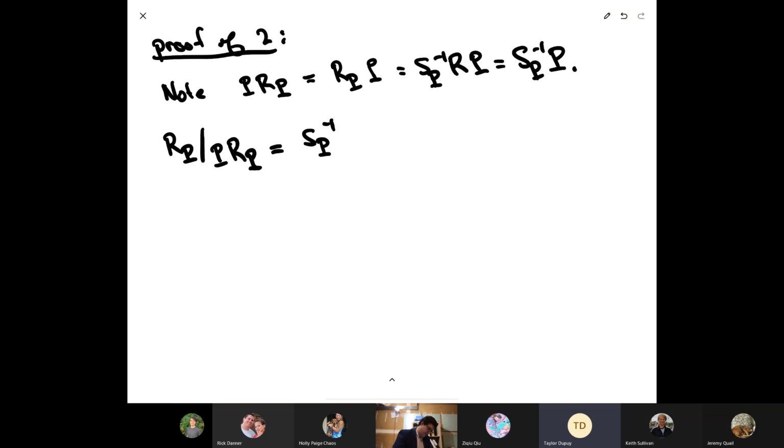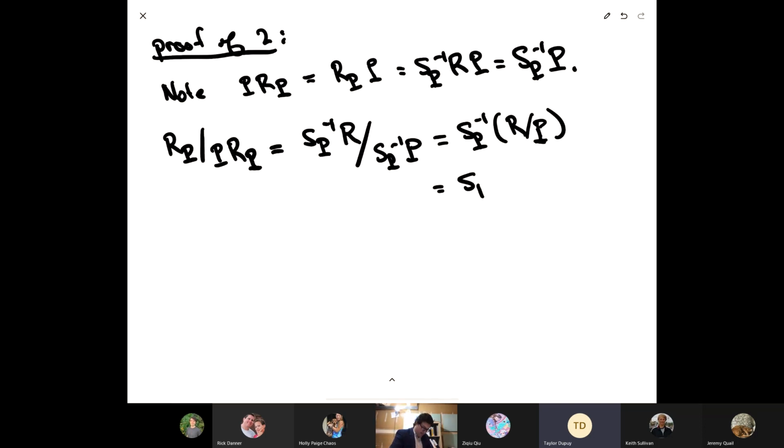S_P inverse of R mod S_P inverse of P, and this is S_P inverse of R mod P. Okay, but we claim that this thing here is S_P bar inverse of R mod P. So I guess I should put isomorphisms everywhere.